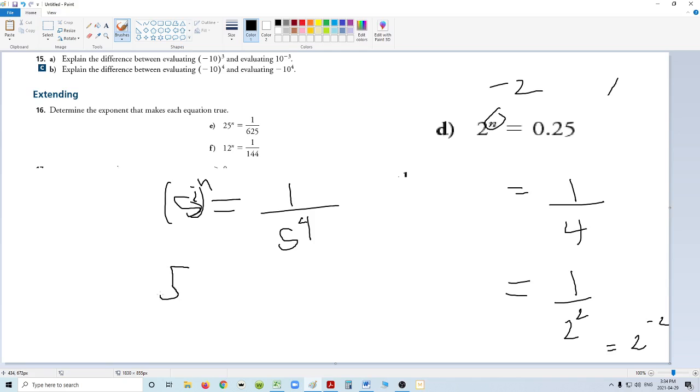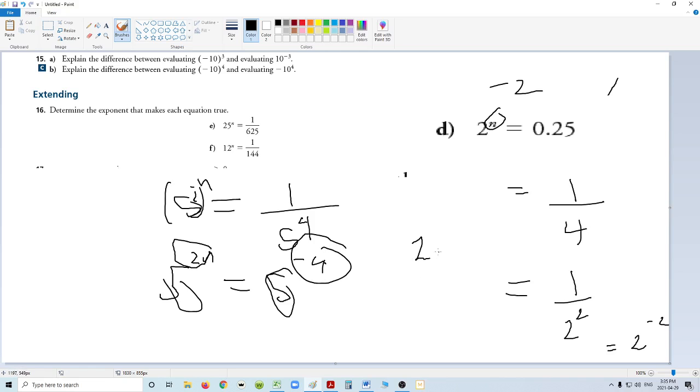So this one becomes 5 to the power of 2n is equal to 1 over 5 to the 4. If I'm re-expressing this, it's the same as 5 to the negative 4. So here I have the same bases, 5, 5. So 2n is equal to minus 4, which means n is negative 2.